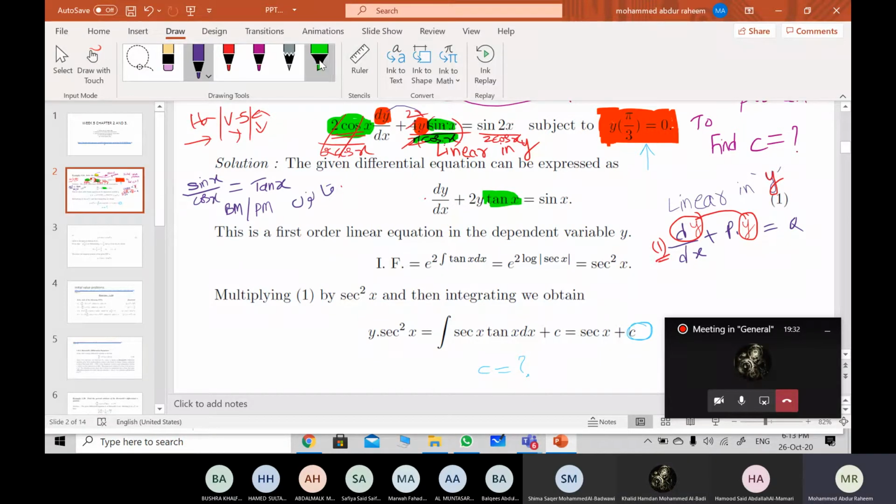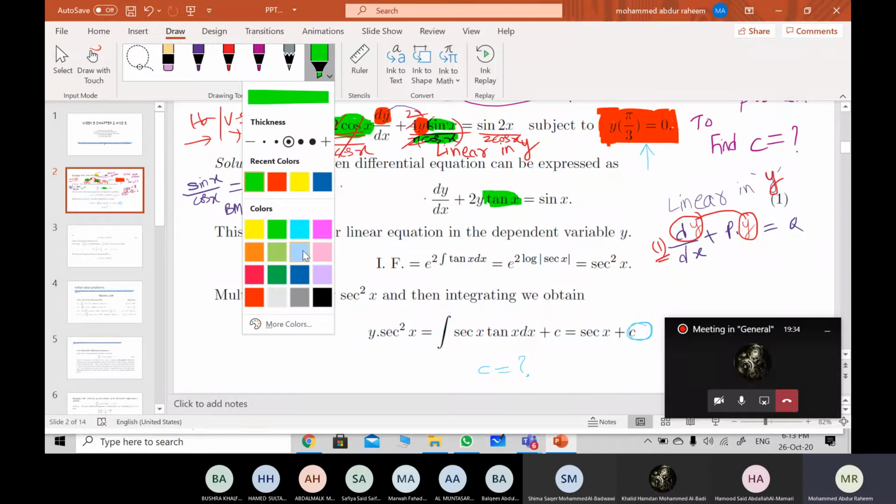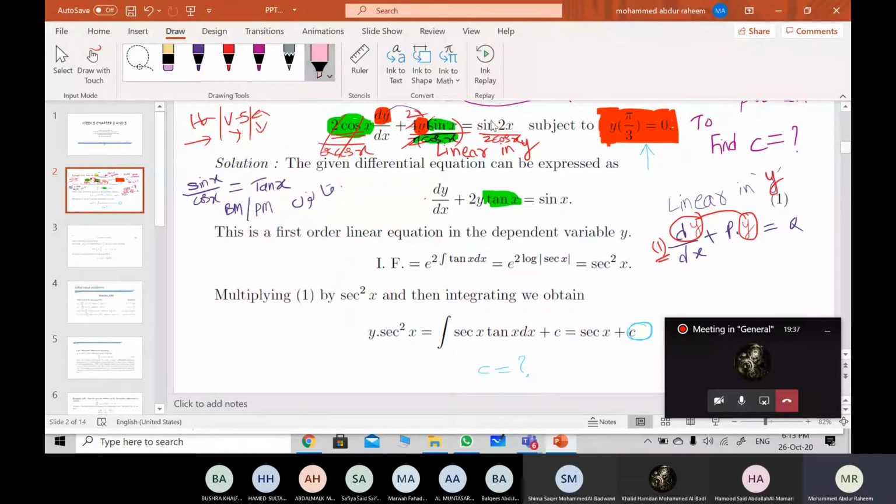And here sine 2x is there. If you notice here, this is sine 2x. This is not the same as sine x, it is different. The rule is sine 2x equals 2 sine x cosine x. This is also the formula. You have to write that here.